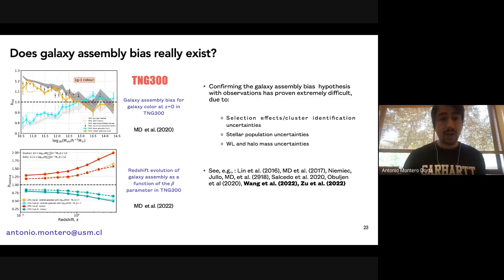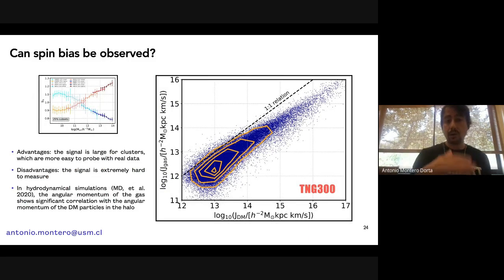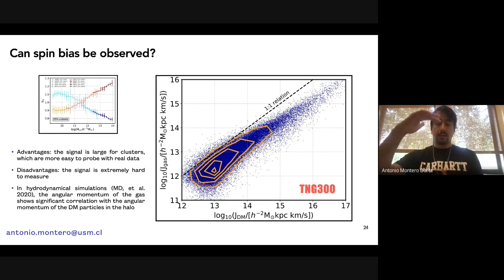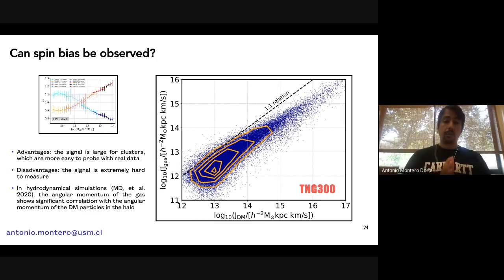This is not really established, and I'm just going to mention that we also try to think about ideas on how to actually measure the other trend, which is the spin bias trend that I showed before. Here, that plot is without removing splashback halos, but you can see that at the high mass end the difference in bias is pretty large for cluster-like halos, which are supposed to be the ones that are easier to detect.